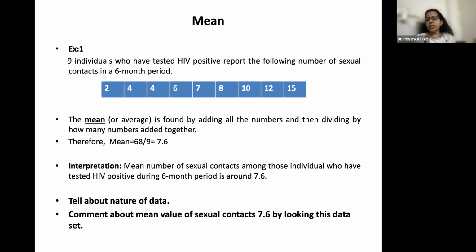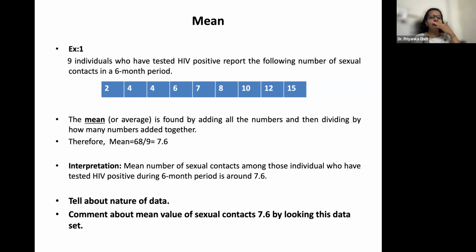We have learned since 10th class what all comes in the measure of central tendency. Three things: mean, median, and mode.